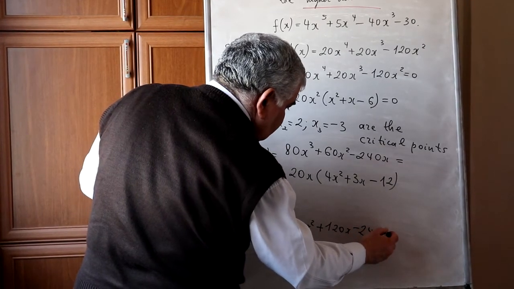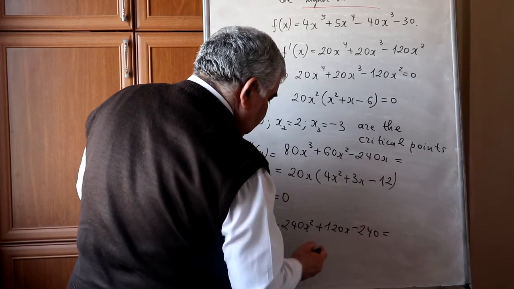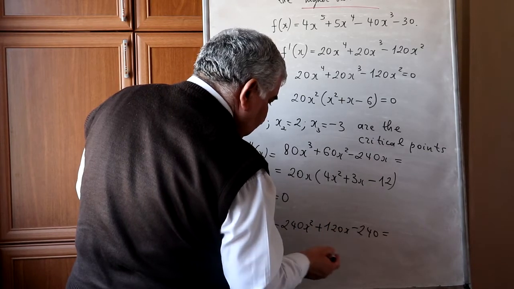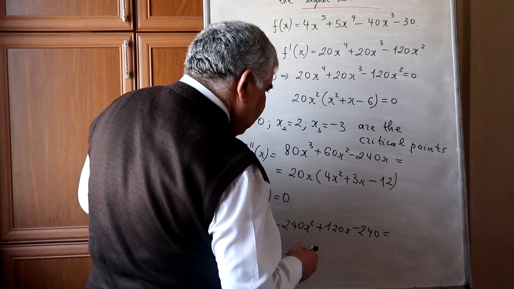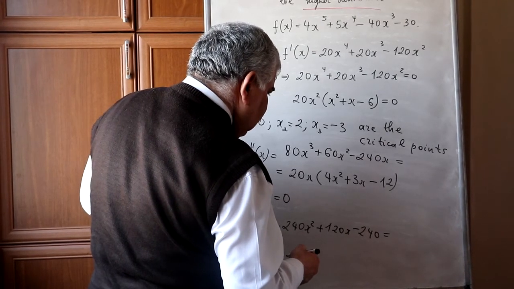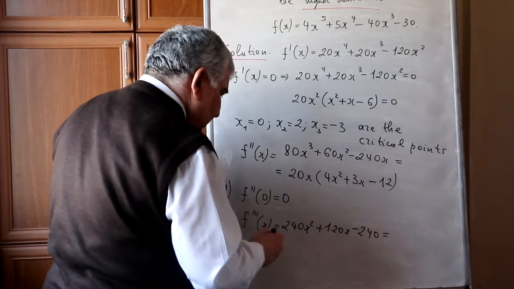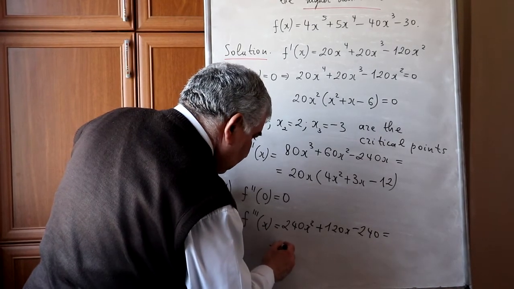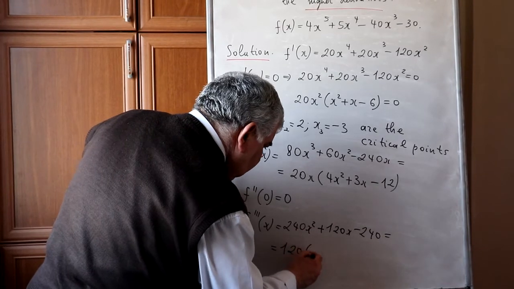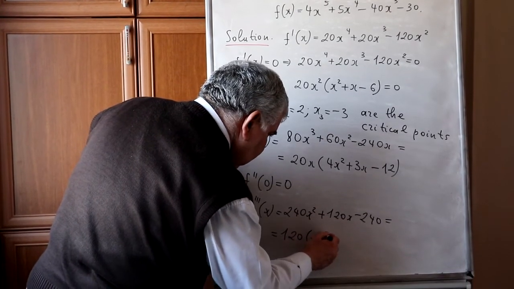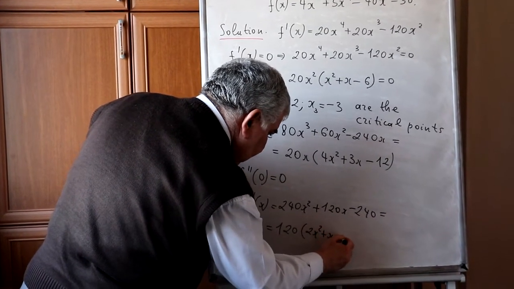Then we can factorize this expression and take 120 out of the parentheses. Then we have 2x squared plus x minus 2.